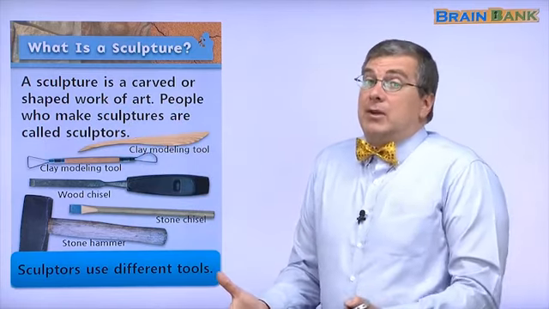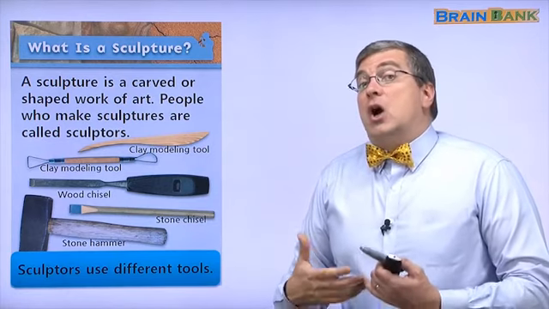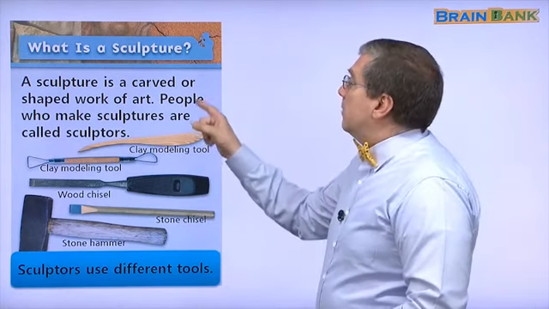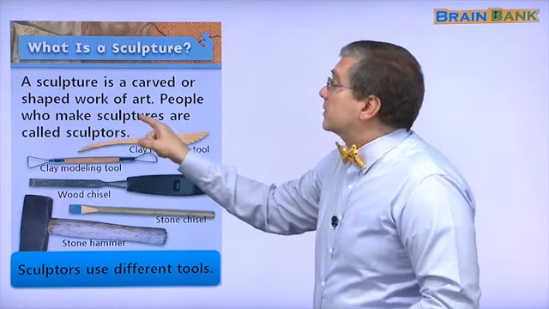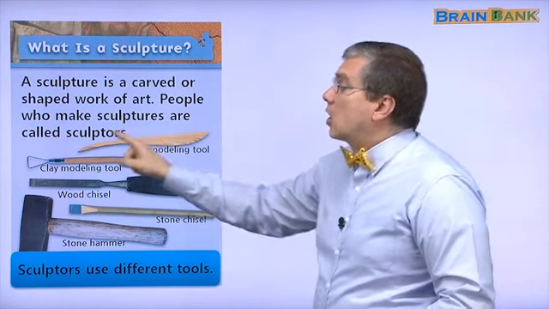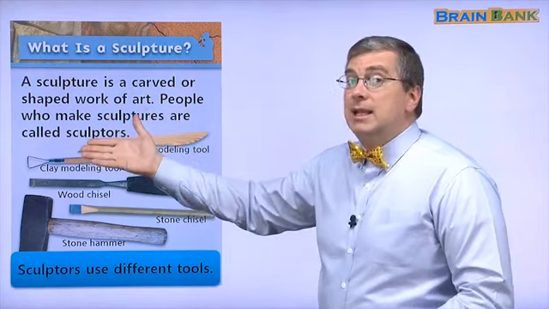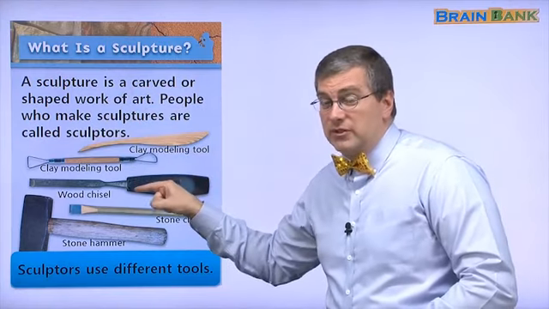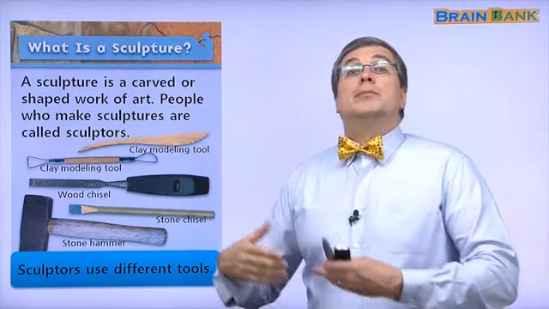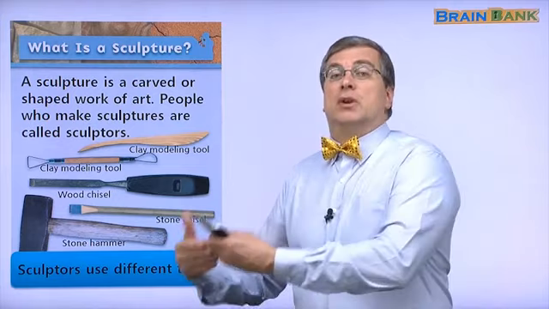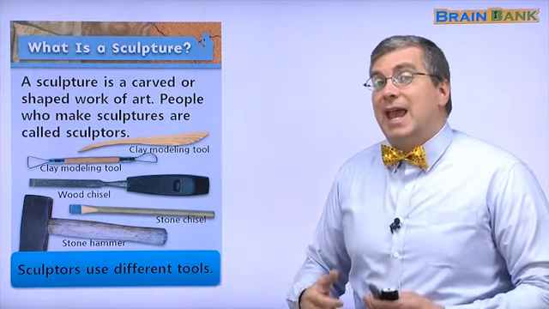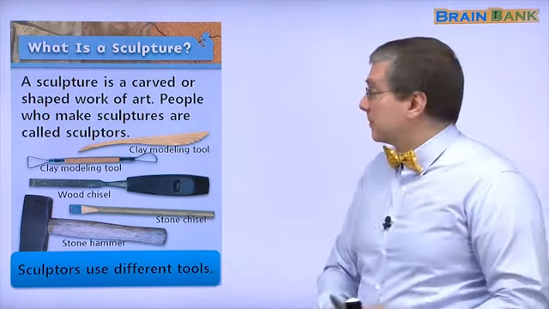The mother and her baby, that is art. People who make sculptures are called sculptors. The man in the picture before this one is a sculptor. He makes a sculpture.